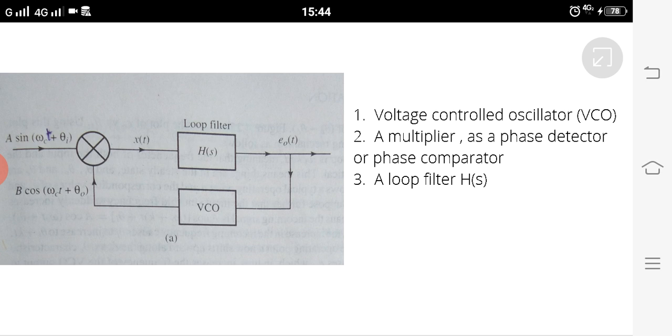This voltage changes the frequency of the oscillator and keeps the loop locked, and that's why this operation is named the phase lock loop.